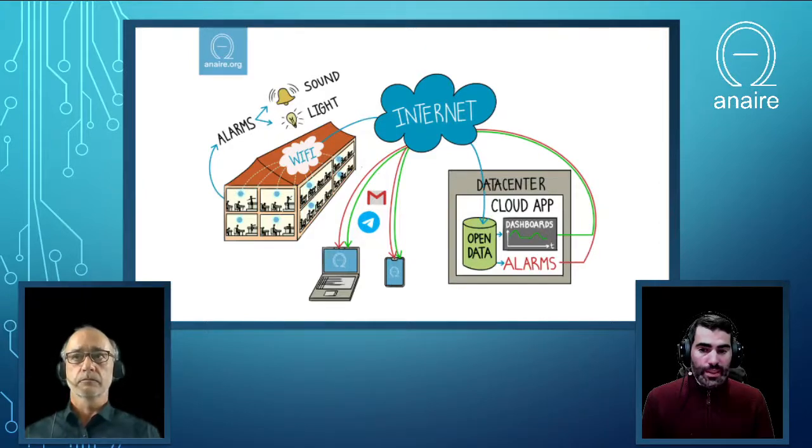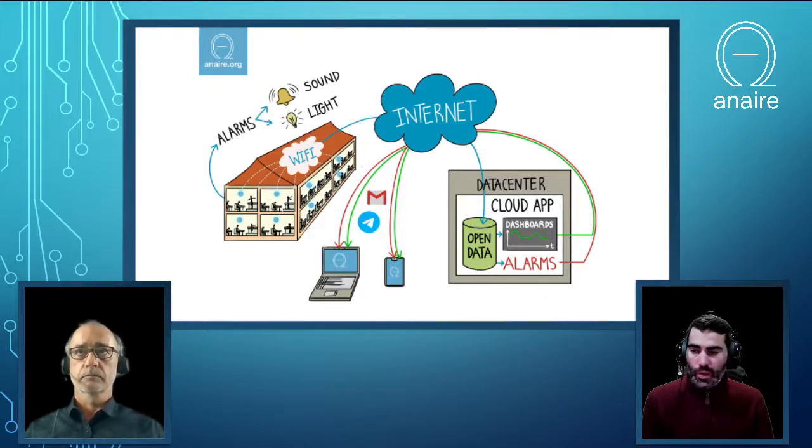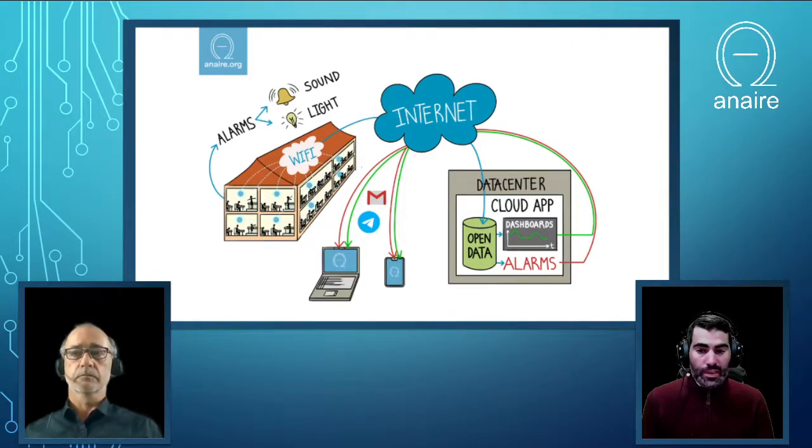All this data is sent to a cloud environment, to an open data pool, and from that pool it can be used for COVID research. Our application is also going to generate dashboards and alarms, so we can notify the devices and show the evolution in real time in each one of the rooms in the schools.